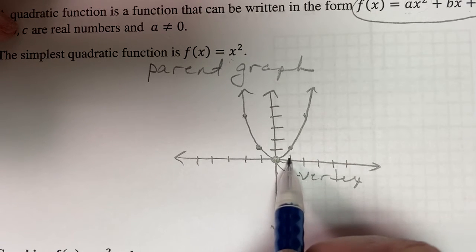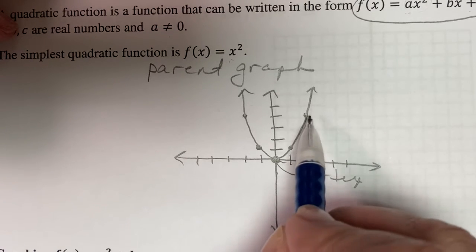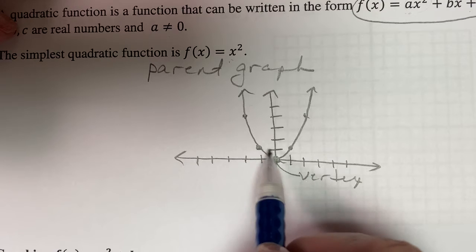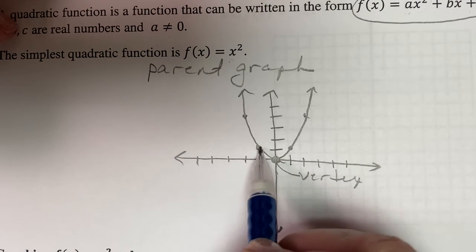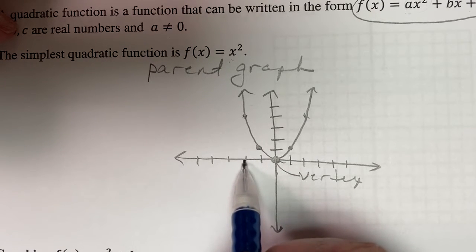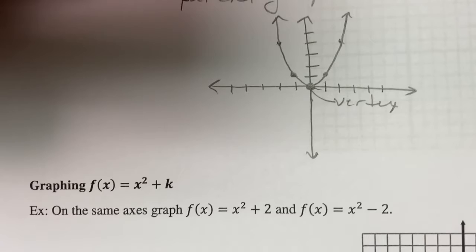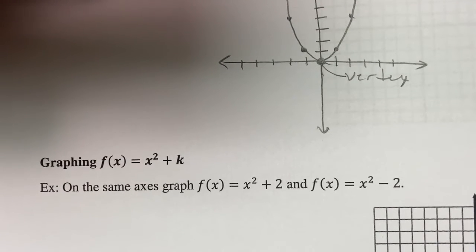Why is that? Because 1 squared is 1 and 2 squared is 4. And you would do the same thing to the left-hand side of the vertex. You would go left 1 and up 1, because again, -1 squared is 1, and you go to the left 2 and up 4. So think of that pattern as we go through and learn what we're going to call transformations.